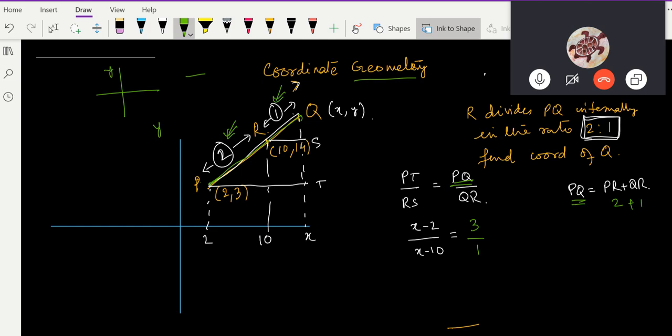So then calculate the value of x. x minus 2 will be equal to 3x minus 30.